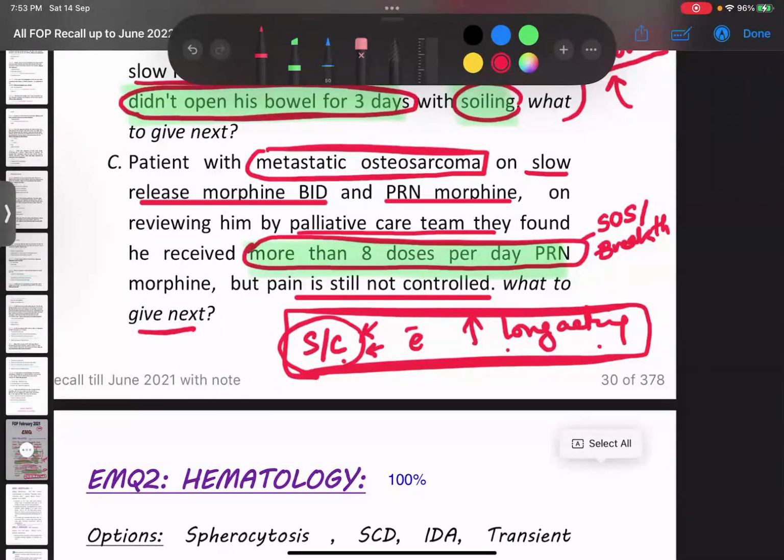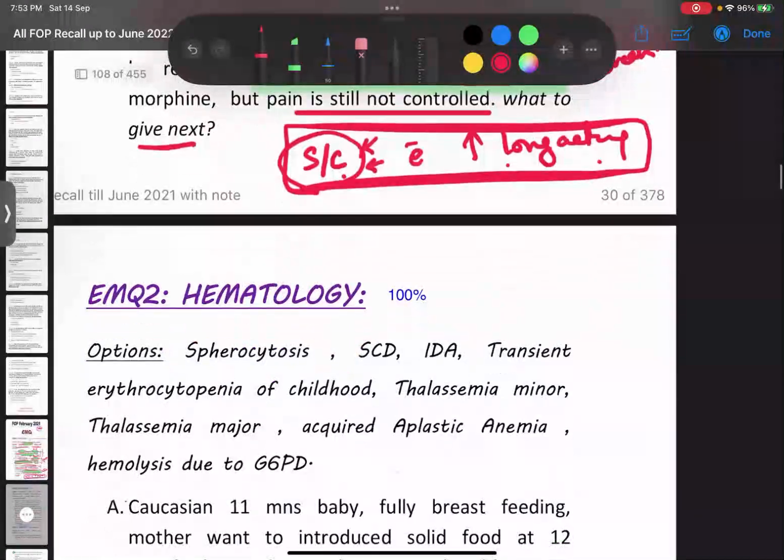But what happens if you give through a subcutaneous pump, it will be available throughout the day. These are long acting and at the same time available throughout the day. So that's why this is more accurate. We can go with both. Okay. We can increase the long acting. In that case, what's going to happen? The maintenance dose will then be better for the patient throughout the day.